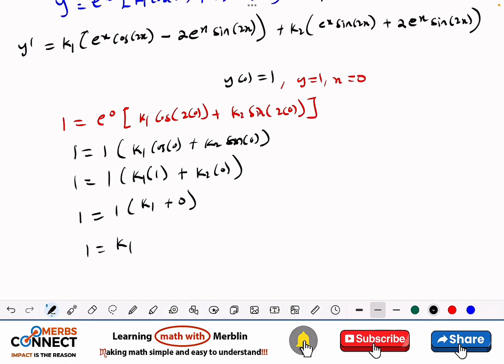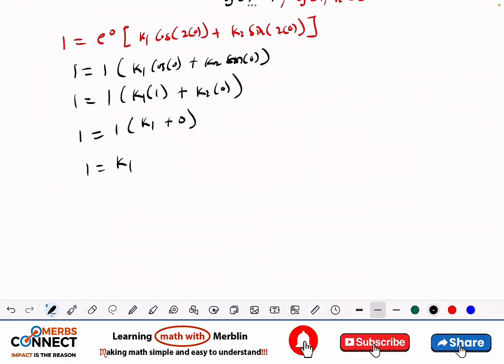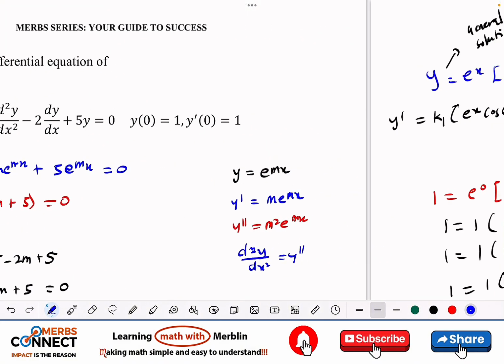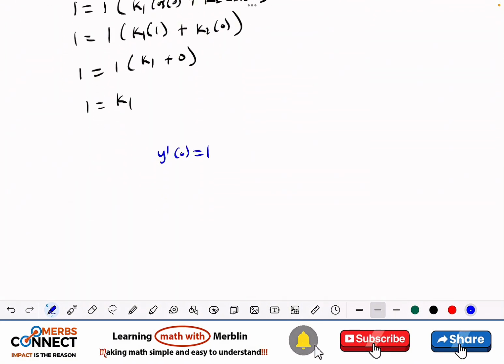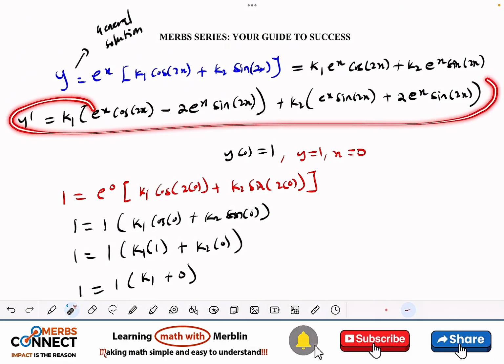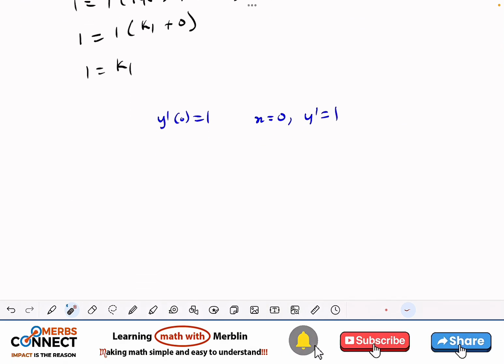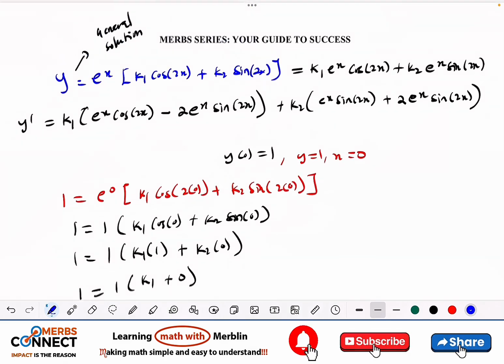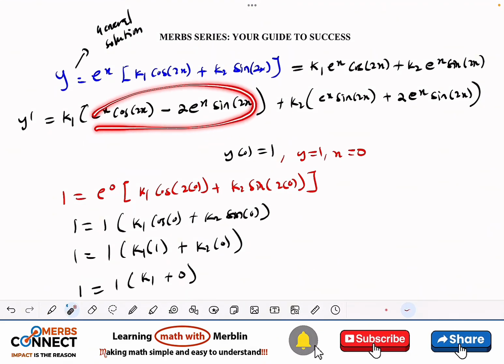Let's find k2 using the y prime. So y prime of 0 is equal to 1. Yes. So it means that x is 0, y prime is also 1. So we are using this derivative here. So y prime is 1, which is equal to k1, open bracket, so I'll put 0 here.